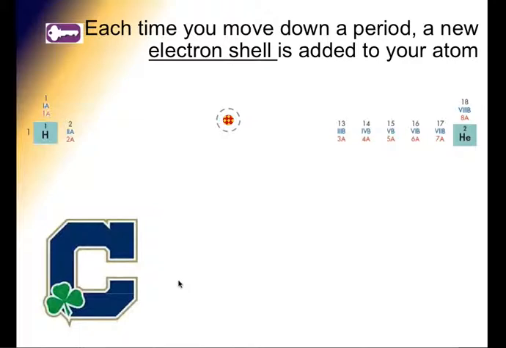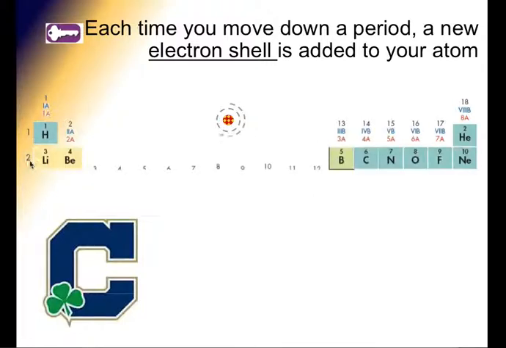Now, each time we move down a period, and here's another key statement, a new electron shell is added to your atom. Hydrogen and helium have one electron shell because they're in the first period. Things in the second period, like lithium, beryllium, carbon, neon, have 2 electron shells.